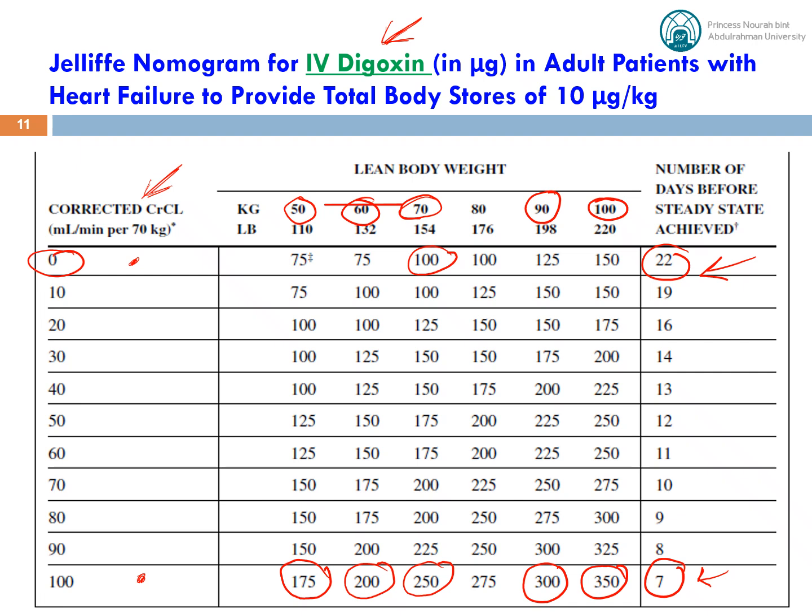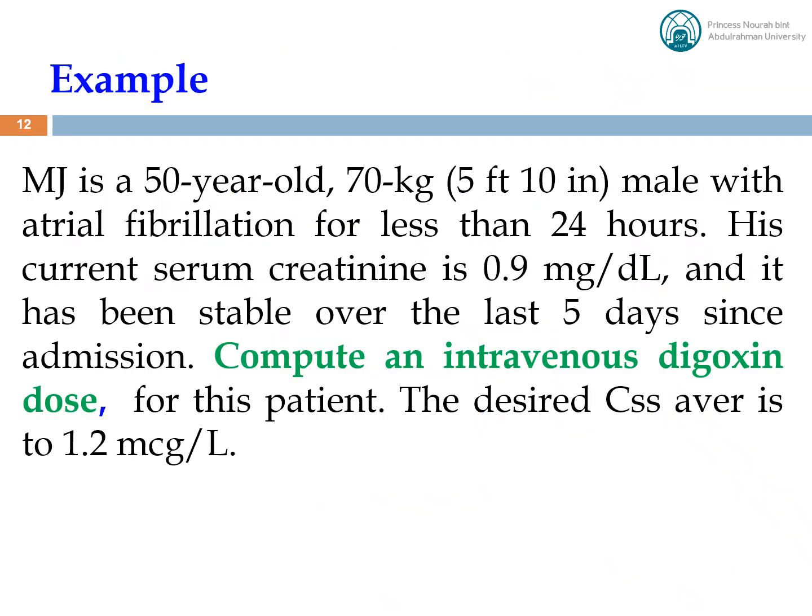Now look back again at the values when the patient has zero milliliter per minute corrected creatinine clearance, indicating improper kidney functionality. The dose has been reduced.